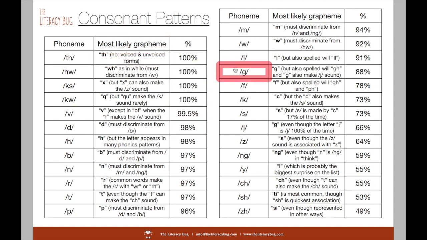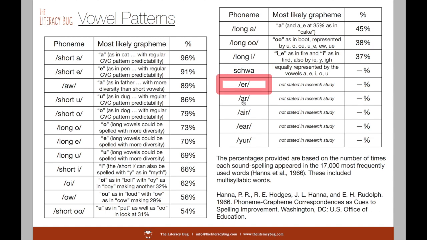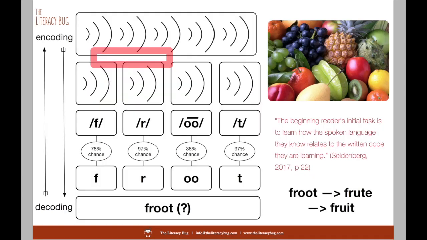As they explore words, they can realize that if I hear the sound, there's a 95% chance that it will be made by the letter M. Whereas if I go to vowels, if I hear the E sound, as in the long E sound, the likelihood that it will be represented by the letter E might be only 70%. Whereas if I hear the A sound, as in cat, it's 96% chance that it's going to be represented by the letter A. And so this is sort of what's happening in the child's brain.